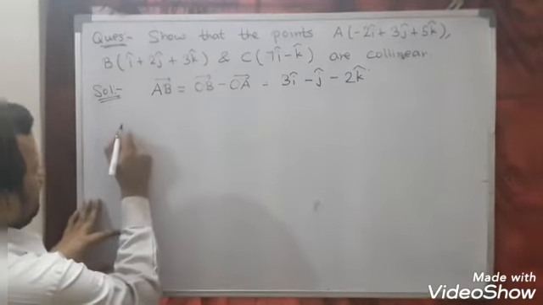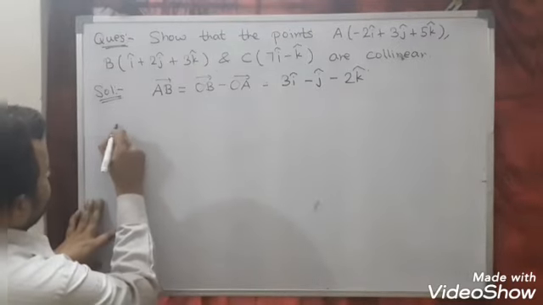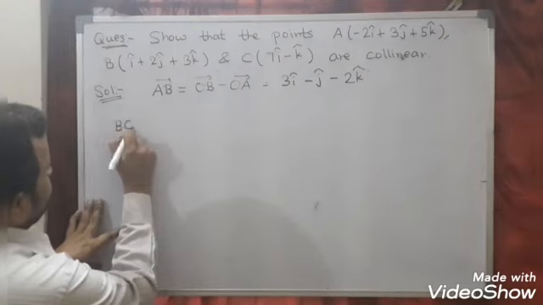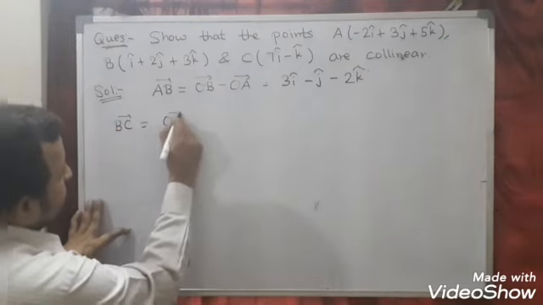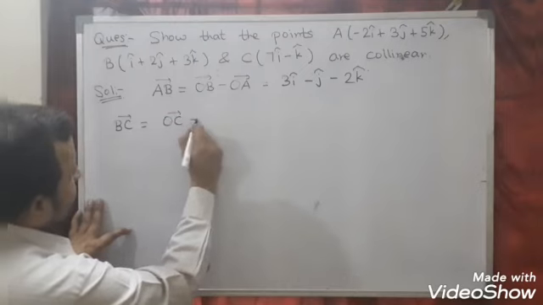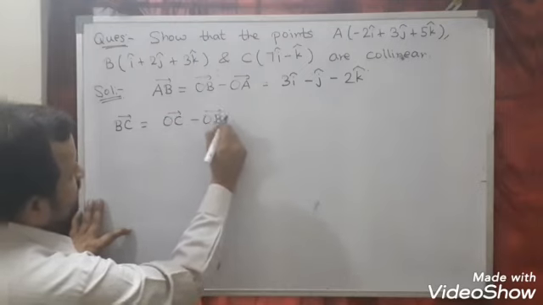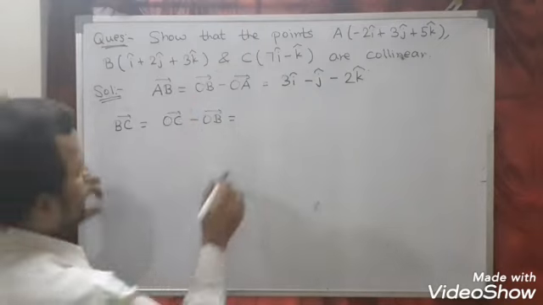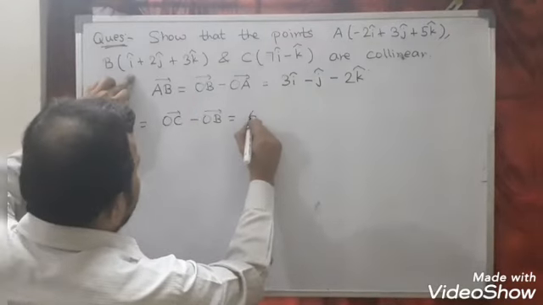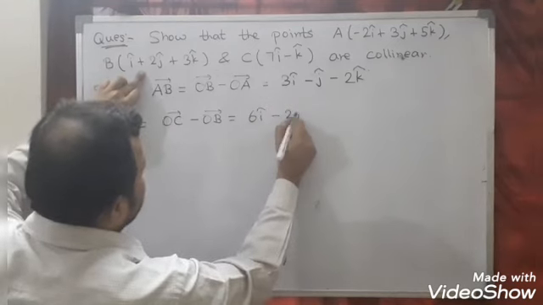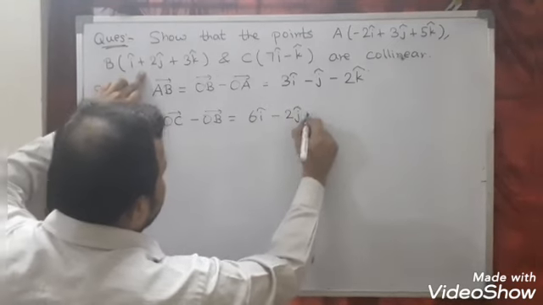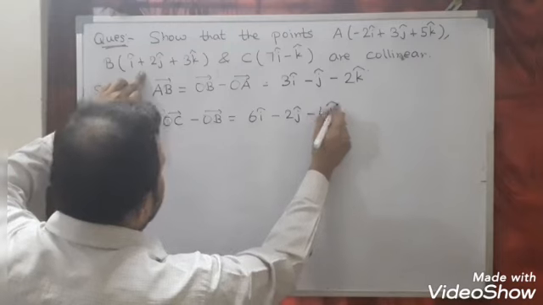Next, calculate the BC vector. BC vector means second vector minus first vector, so position vector of C minus position vector of B. Calculate C minus B. So 7i means 6i will come. j is not here, so minus 2j will come. Minus k means minus 4k will come.